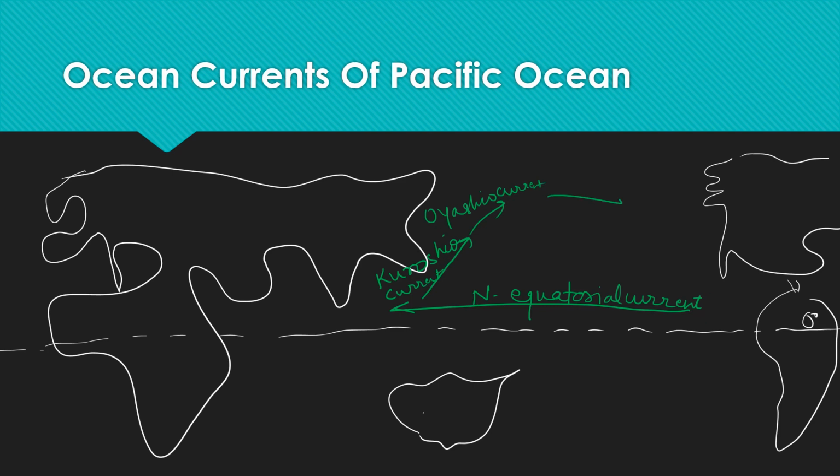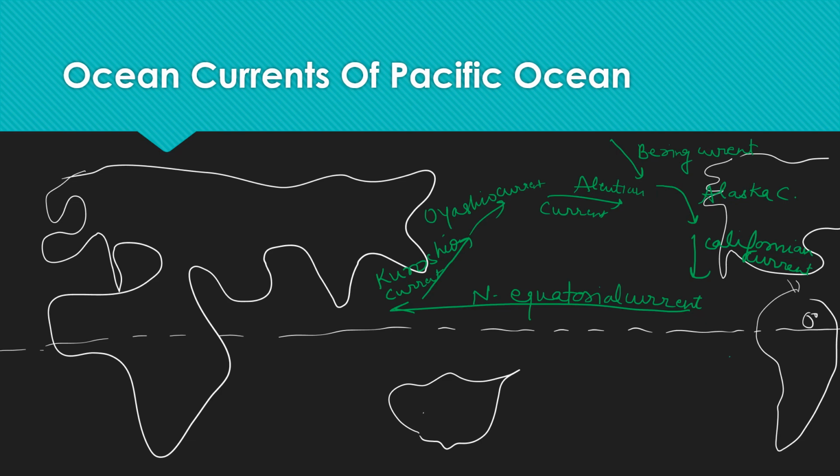Next one we have is the Aleutian current. One is coming from upward, that is the Bering current, a cold current. Then the Alaska current, a colder current. Next the Californian current, also a colder current. This is how the cycle in the northern hemisphere would complete.